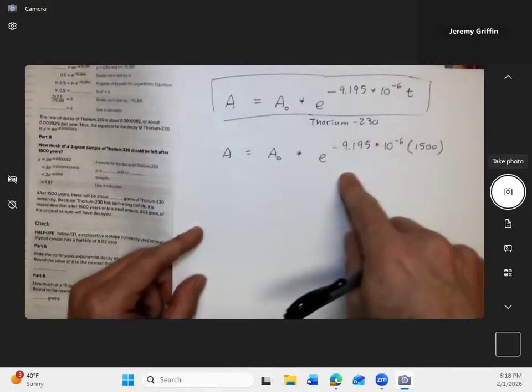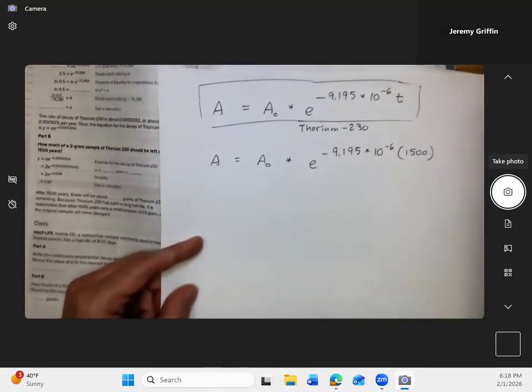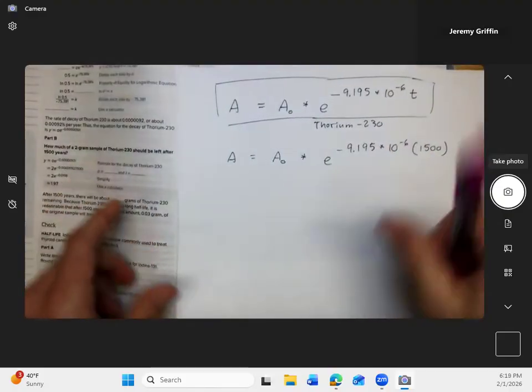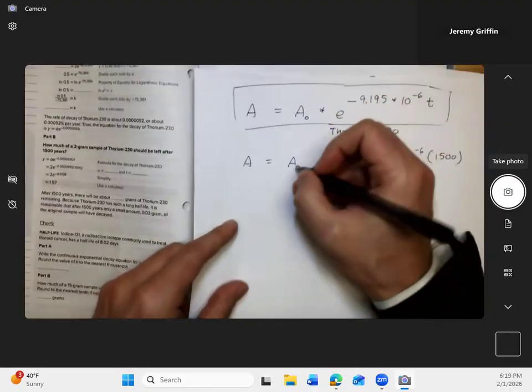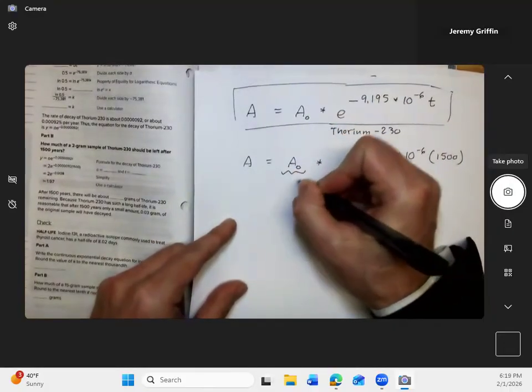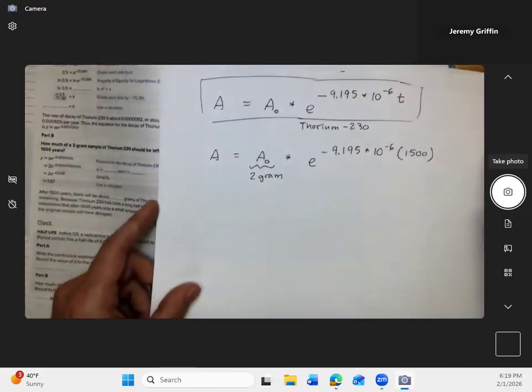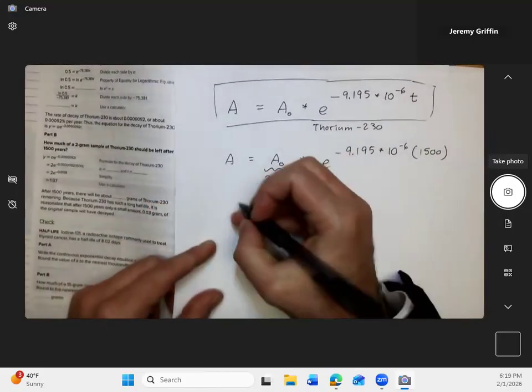Now notice what I'm really finding here. It says a 2-gram sample. Whoops, I should have put that in here. Let's see, 2 grams right here. There we go. Actually, I just need to plug that in the calculator. That's all we need to do.